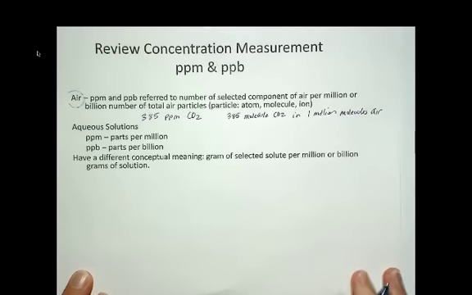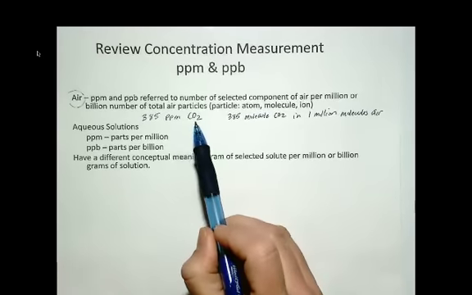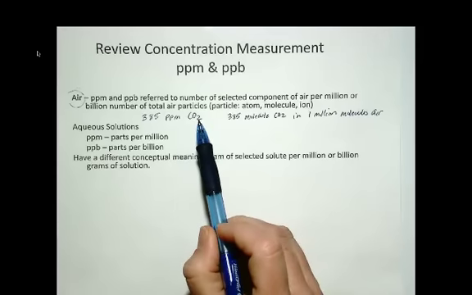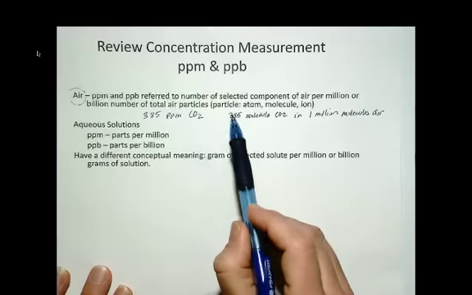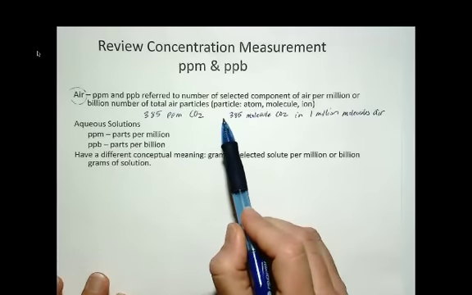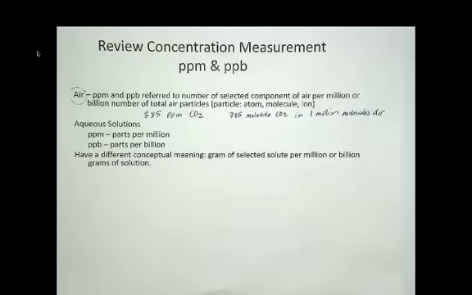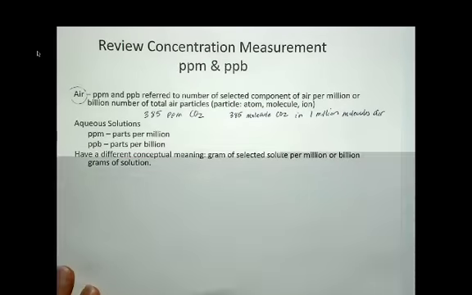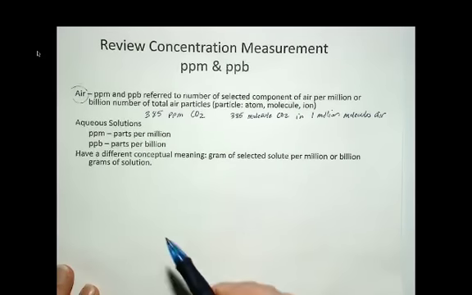All right, so in the case of gases, which air is, parts per million and parts per billion refer to the selected component in terms of the particle, whatever that particle may be, an atom, a molecule, or an ion. In aqueous solutions, we have a slightly different interpretation of parts per million and parts per billion, and that's important to recognize.